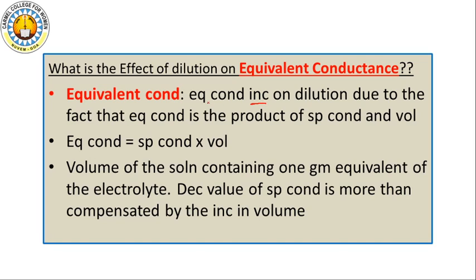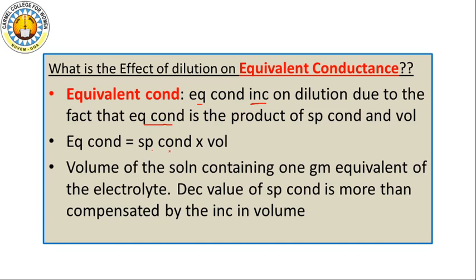I have used short forms here. Please make a note. Equivalent conductance increases on dilution due to the fact that equivalent conductance is the product of specific conductance and volume. So we have equivalent conductance. This was our formula: specific conductance into volume.